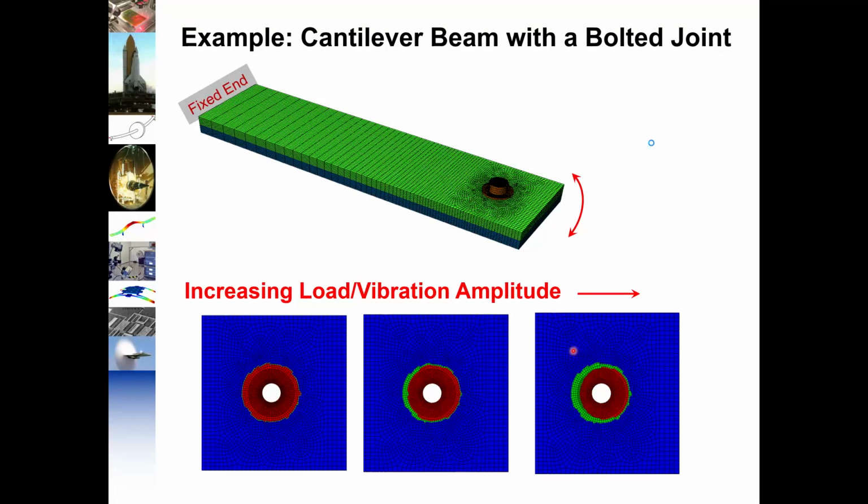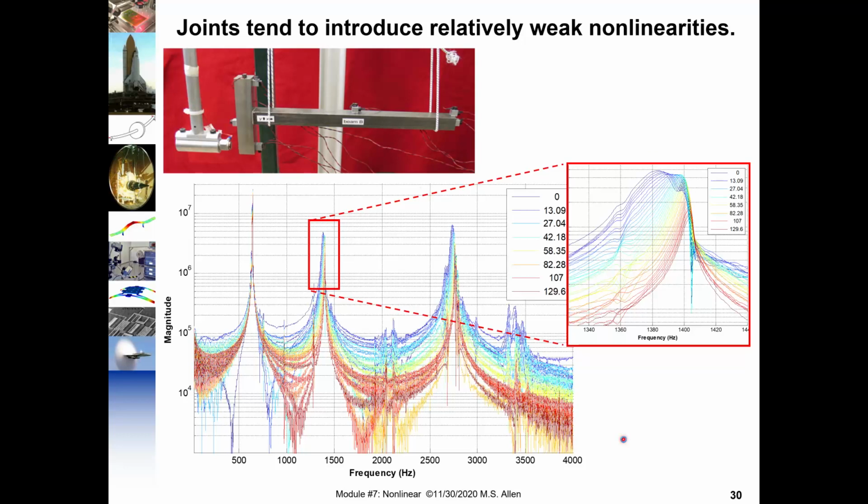Fortunately, though, and you can kind of imagine that if you look here, most of the preload stays there. We're only losing a little bit of the contact area for typical vibration levels. And so the change in the natural frequencies with bolted joints tends to be really pretty small.